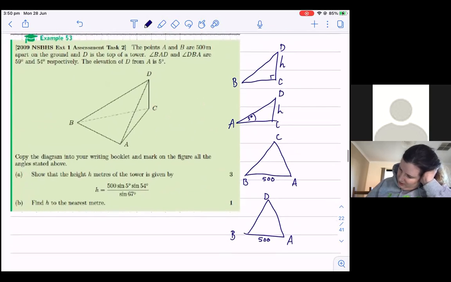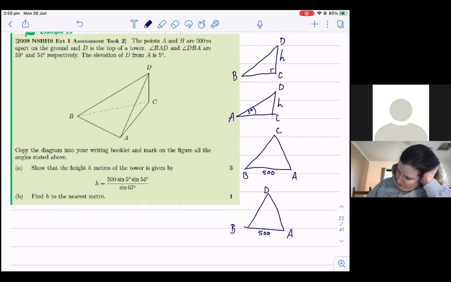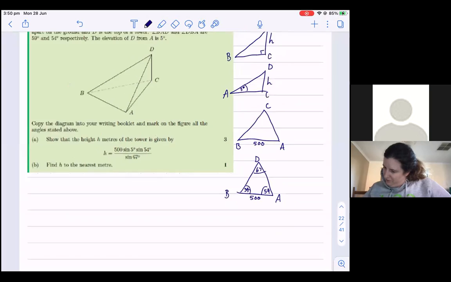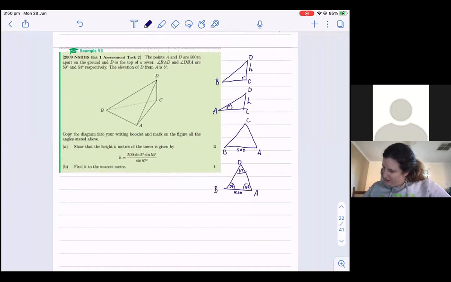We know this angle is 59. And this angle is 54. Makes this angle 67. Okay, we must be able to find something useful.